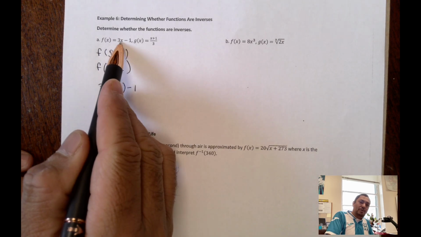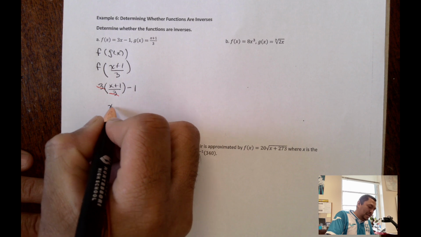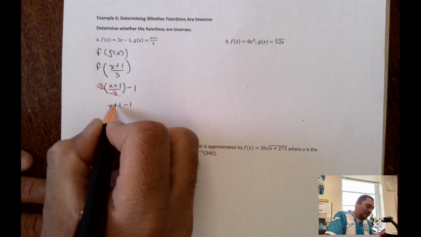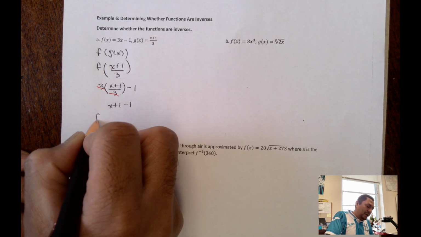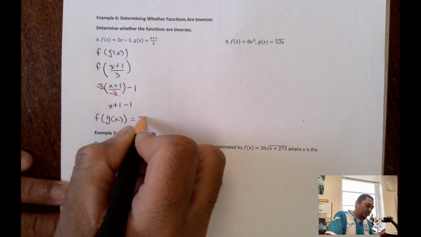I just replace this x with (x plus 1) over 3. This 3 goes away, so what I'm going to have is x plus 1 minus 1. This is 0. So f composite g of x equals x.